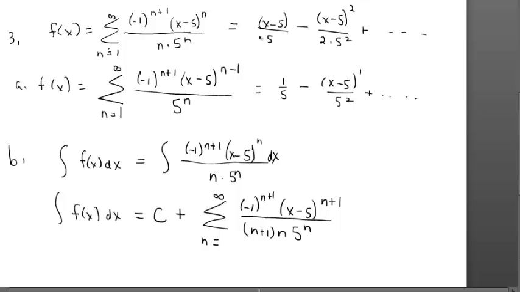So this is going to be, if I looked at that, it's 1/5 quantity x minus 5. If I were to integrate that, that exponent is going to increase to 2, and I'm going to divide by the new exponent. So I guess I would leave it with the 5 down here. So x minus 5 squared times a 2.